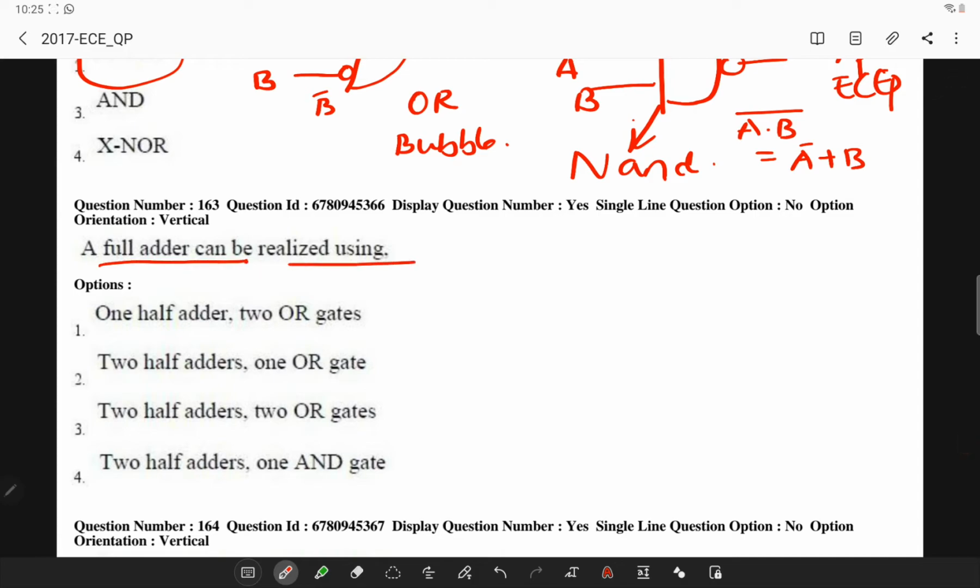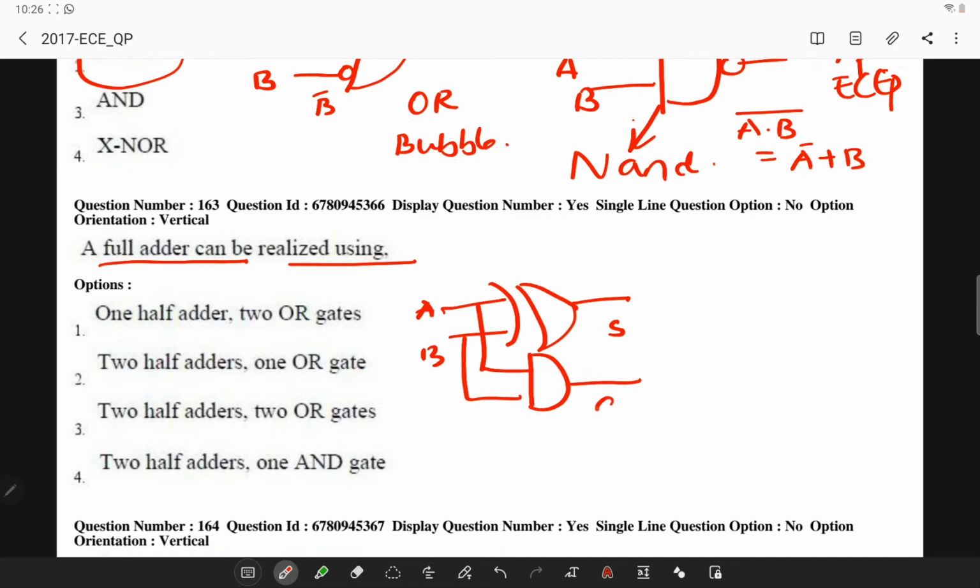So a full adder can be realized using, remember, if you remember, 2 bits you have A and B. So this is the expression of sum, and this is the expression of carry. So this is a half adder.